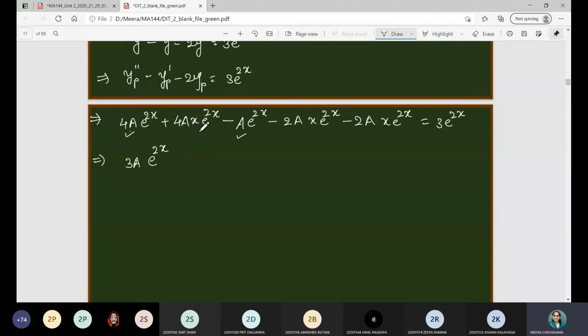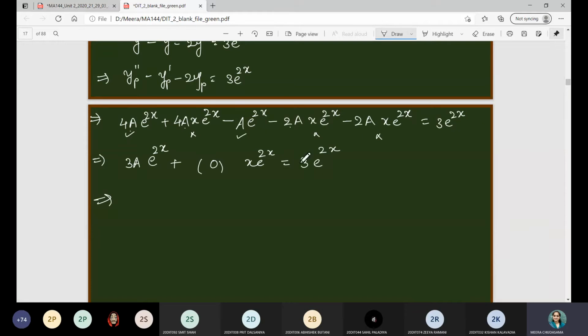Then let us consider the terms involving x e raised to 2x. So it will be this one, and this one. So you can see that 4a minus 2a, that is plus 2a, minus 2a. So that will cancel out. So here we have 0 into that quantity, plus 3a e raised to 2x is equal to 3 e raised to 2x, right?